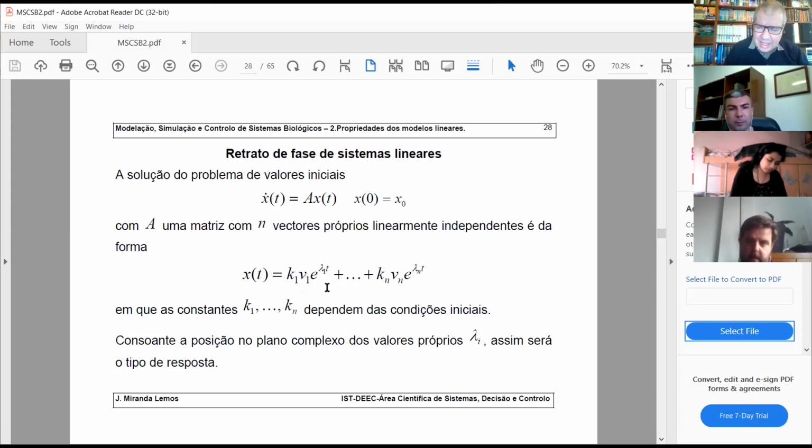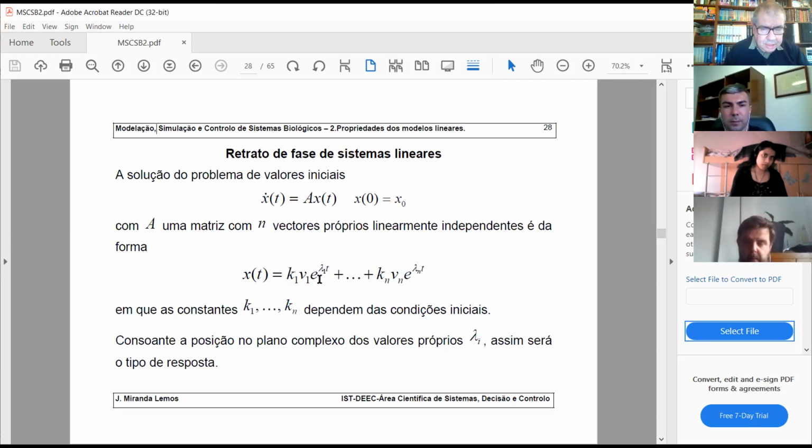And I think that we had a discussion where I wrote for different cases of lambda. If lambda is real, you don't have oscillations because these are exponentials. If lambda is real and negative, then this is a decreasing exponential. So in time you are decreasing. So it's asymptotically stable.